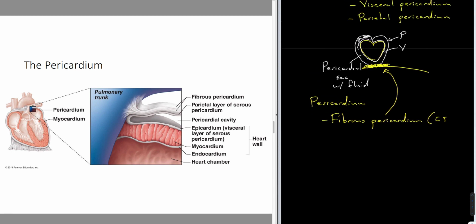And then I would also have some up here as well to anchor and hold the base. So this is the apex of the heart, this is the base of the heart, and coming off the base are all of these major blood vessels, which we will outline. Okay. Now, physically attached to the fibrous pericardium is the parietal pericardium, and this is continuous with the visceral pericardium.